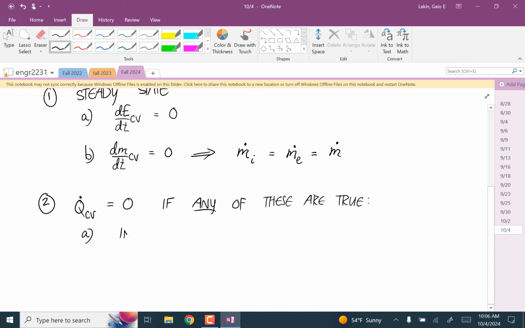First, if it says that the thing is insulated. Second, if it says that the device has a small surface area. Basically, you can think of all of these as codes, different ways of telling you that the heat transfer rate is 0.